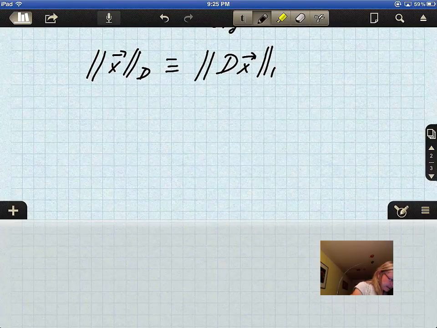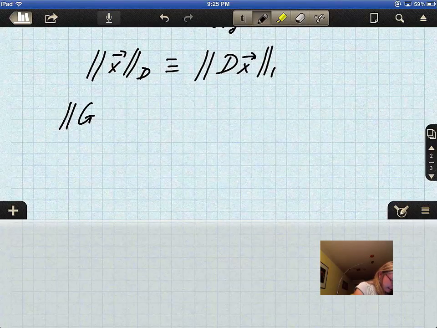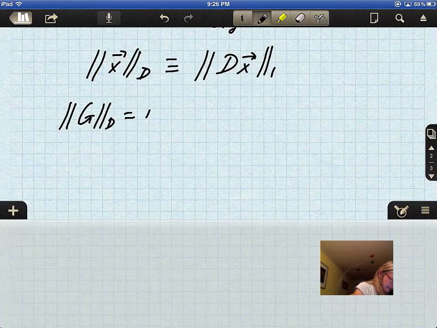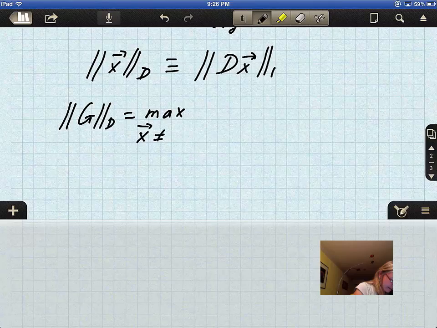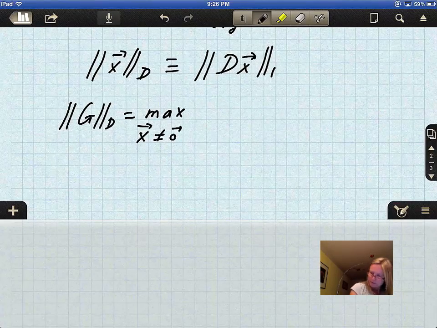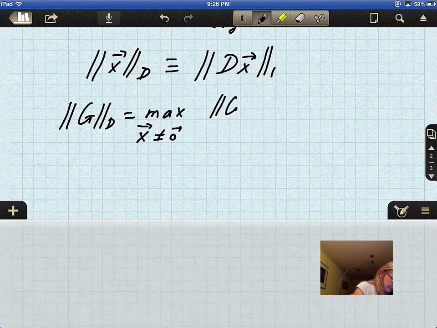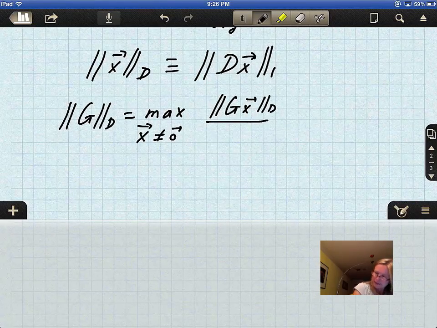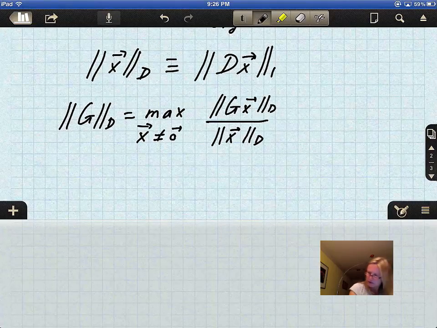Okay, so we look at G like this, then that would be the max over all x not equal to 0 of the norm of G x in the D norm, divided by the D norm of x. And now we'll just go and manipulate this a little bit.